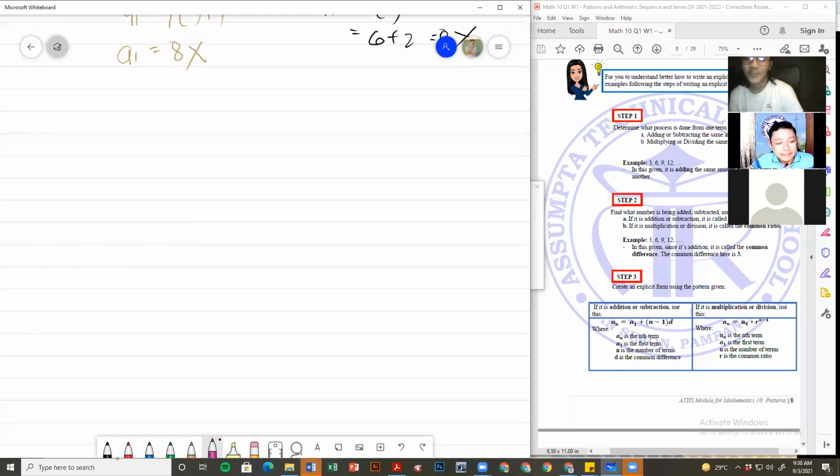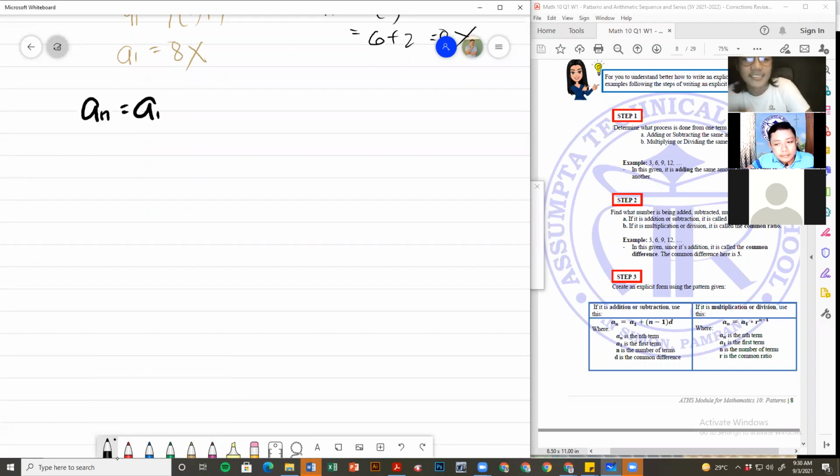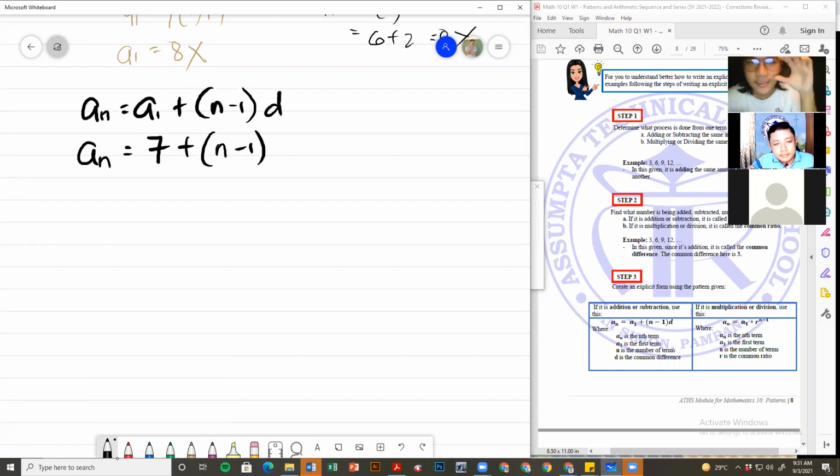We will use A sub n is equal to A1 plus n minus 1 multiplied by d. And we substitute the A1, which is the first term, which is 7. And the difference, which I got from subtracting each term to each other, is also 7.